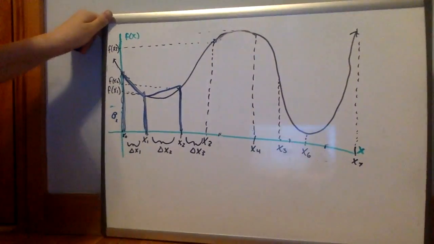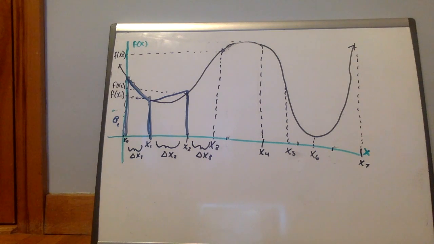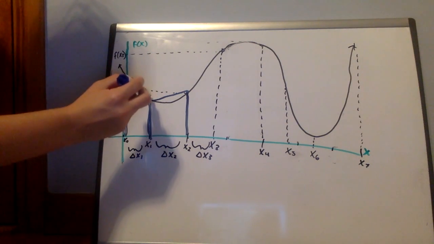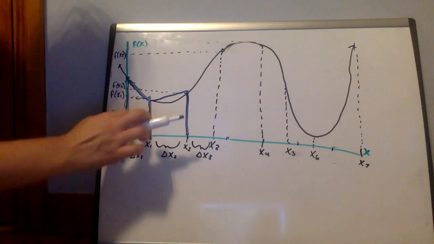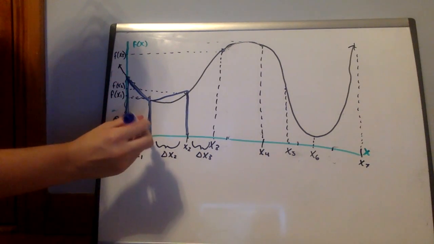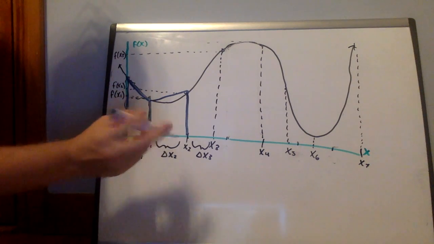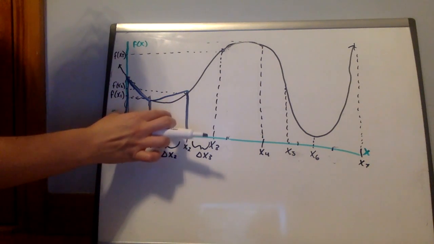You can see we are going to make a bunch of trapezoids. Do you see how, except for the endpoints, each x value will be used in two trapezoids, this one and this one?